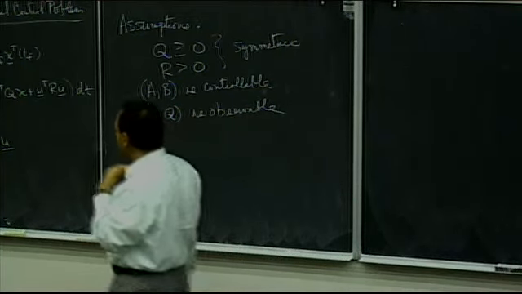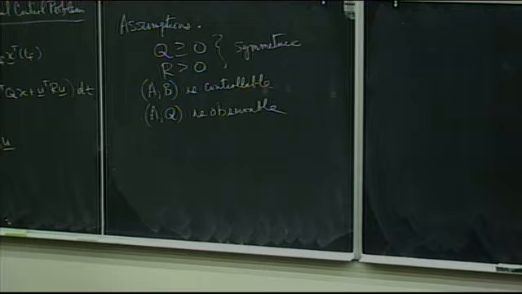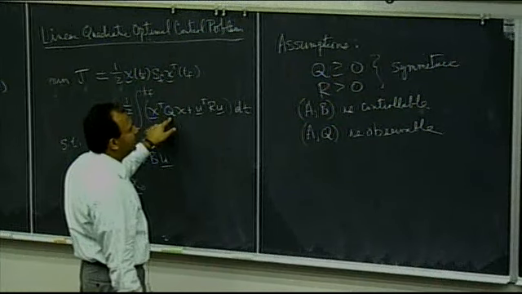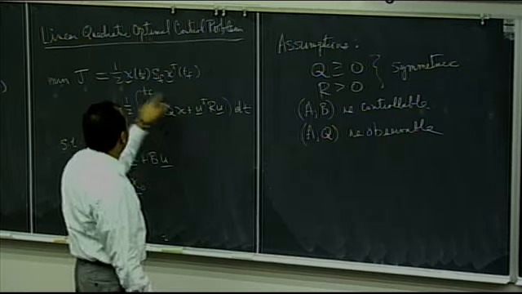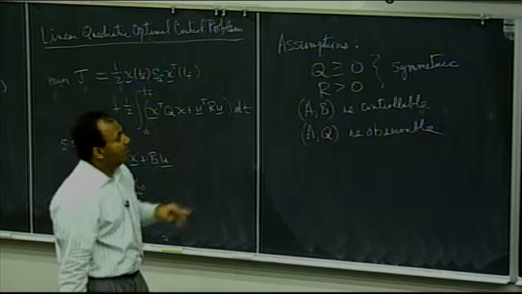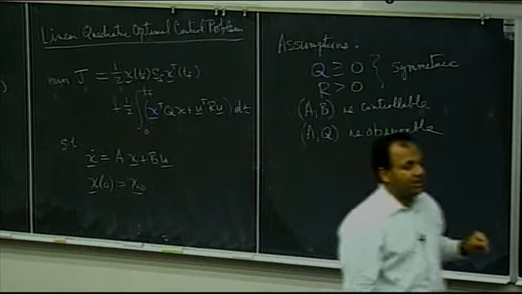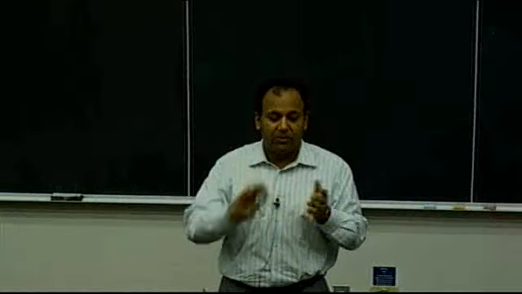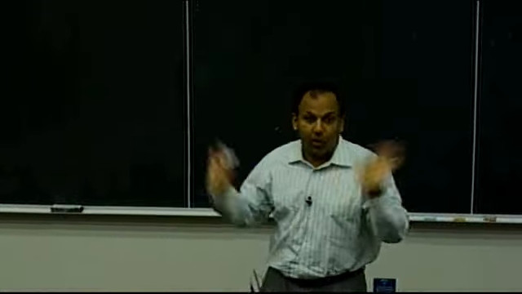Now, why are these assumptions made? First one is this. If you look at this integral, you'll see that if Q is not positive semi-definite, then there's no way to guarantee that this term is necessarily going to be positive. It could be negative, right? Because the definition of positive semi-definiteness is that if Q is positive semi-definite, then V transpose QV has to be greater than or equal to 0 for all V, right?